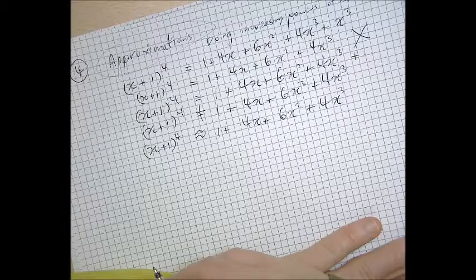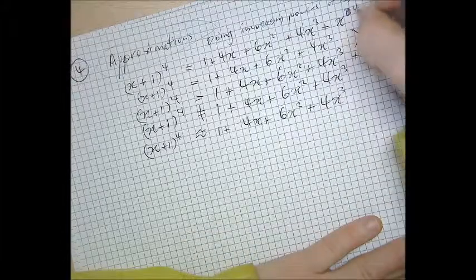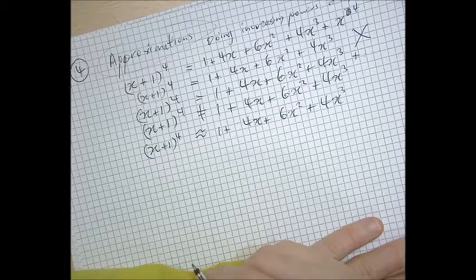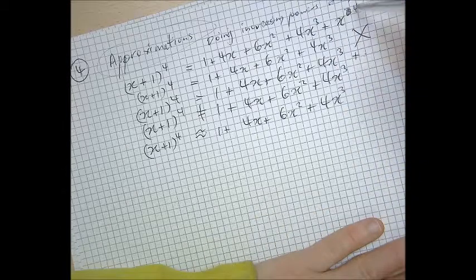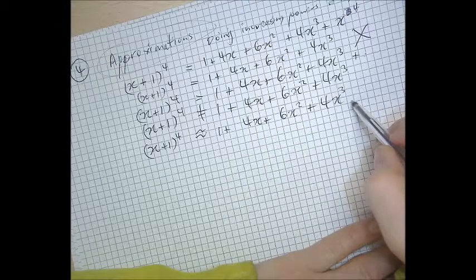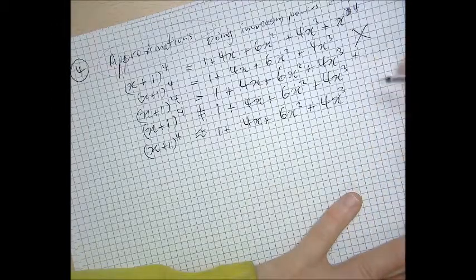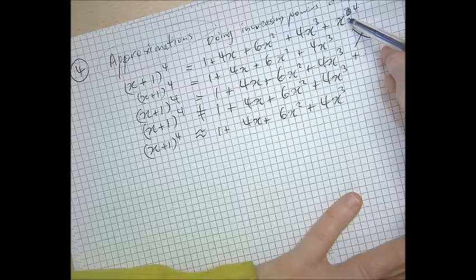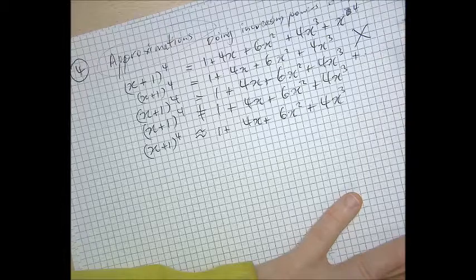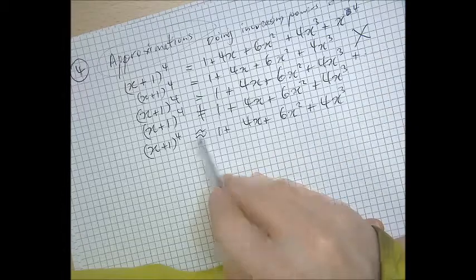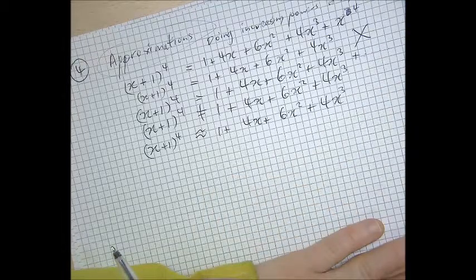Oh, sorry, that should be an x to the power of 4. Because if the correct answer has an x to the power of 4 there, and your instruction obeying answer doesn't, you might say, surely that makes a pretty big difference. So for example, if x was 10, then leaving that term off would make a difference of 10,000 to the answer. So surely you can't use an approximately equal to sign there.